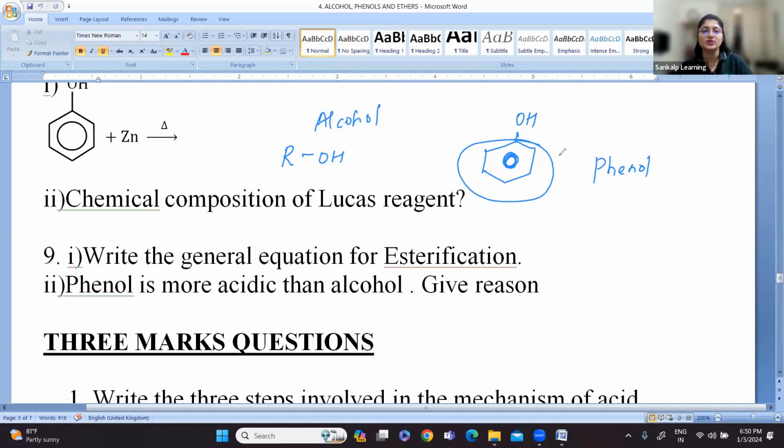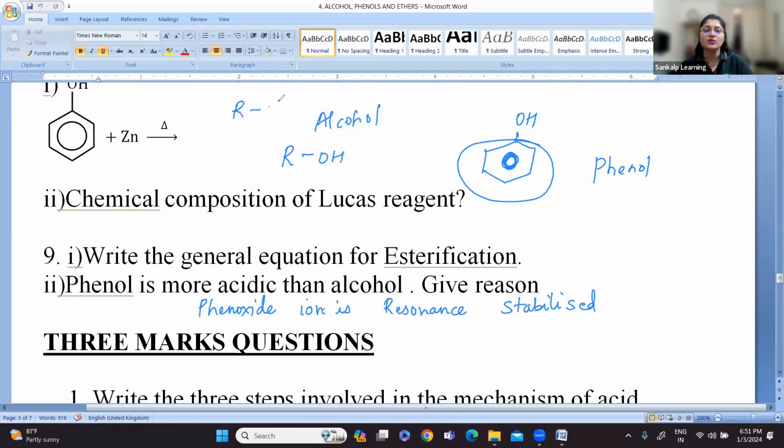Please note this down if you don't know: phenoxide ion is resonance stabilized.